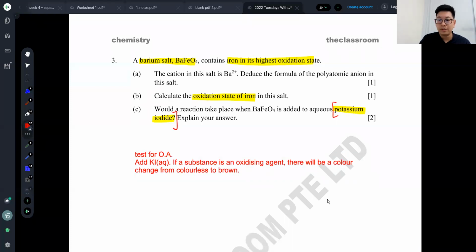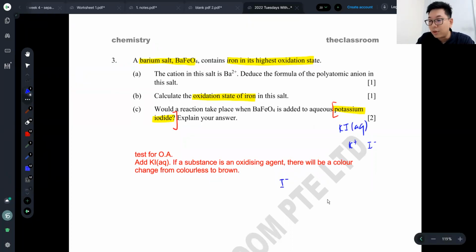What I'm trying to say is this. If a substance is an oxidizing agent, then the iodide ions in your potassium iodide will get oxidized to iodine. For those of you who are not too sure, potassium iodide is KI aqueous. It contains both the potassium ion and the iodide ion. What is responsible for the color change? Iodide.